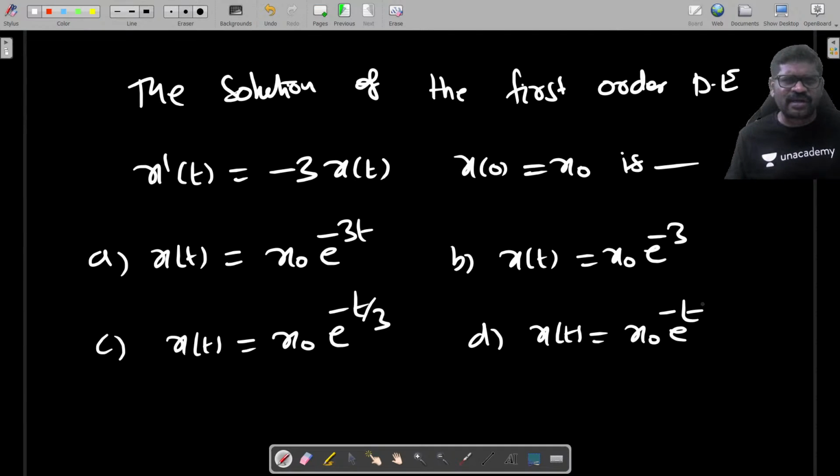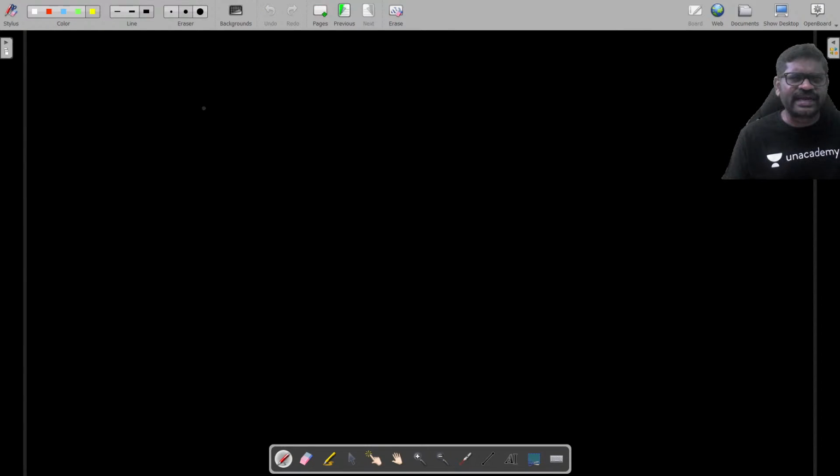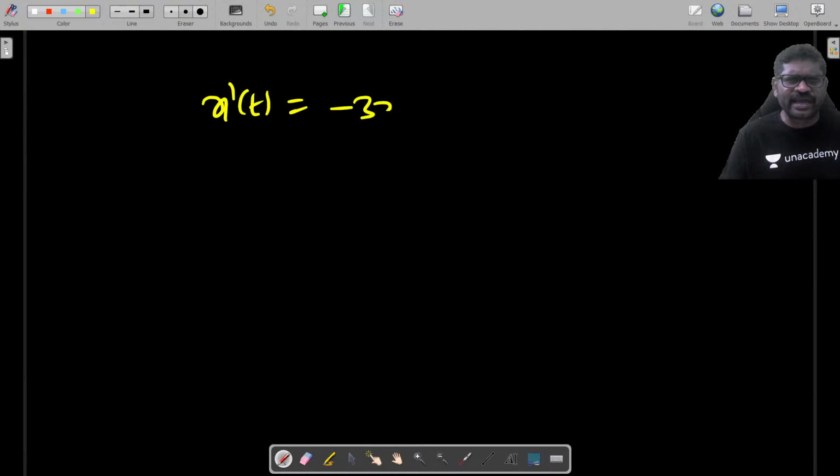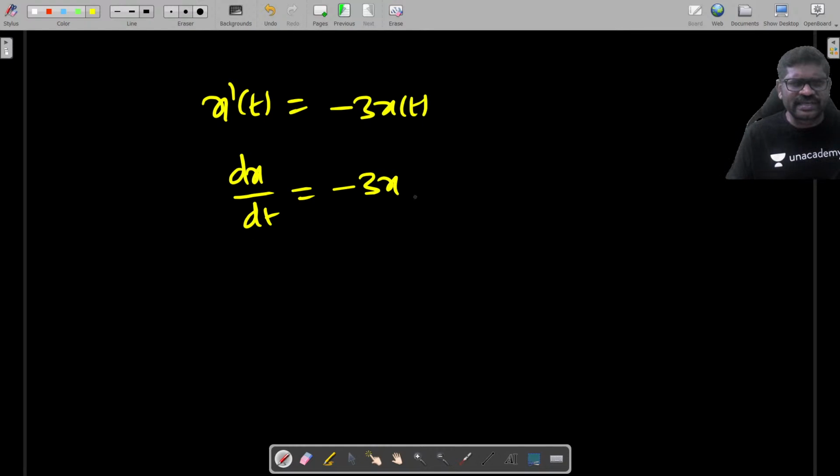The solution of the first order differential equation x dash of t equal to minus 3 into x of t. Now dx by dt equal to minus 3x.